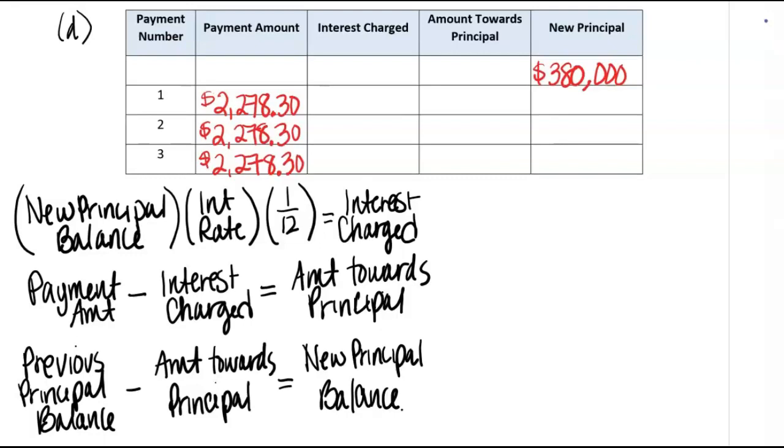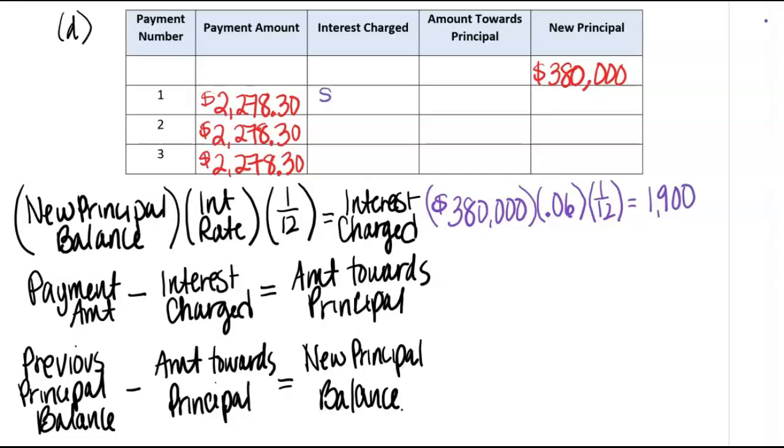So to find the first line of our amortization schedule, we take our principal balance, which is $380,000, times the interest rate of 6% converted to decimal form, times 1/12. This gives us 380,000 times 0.06 times 1/12 equals 1,900. So the interest charge for the first payment would be 1,900.